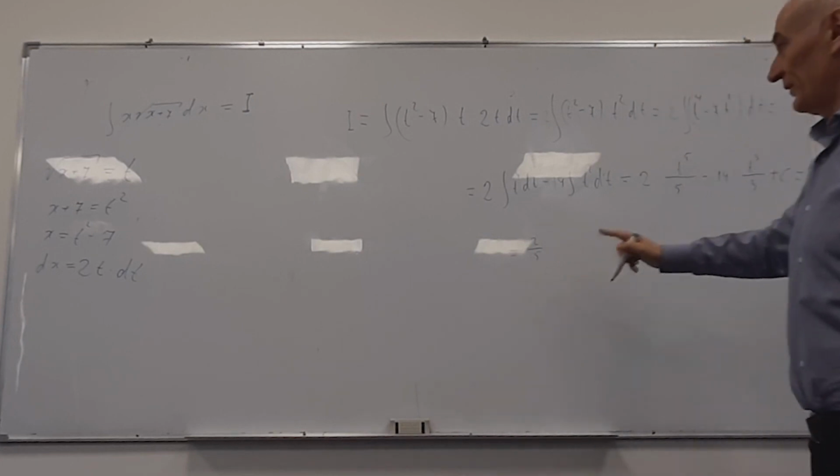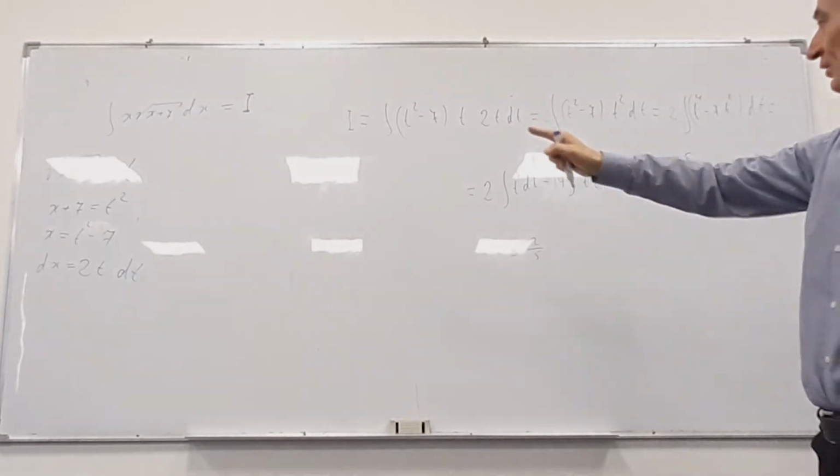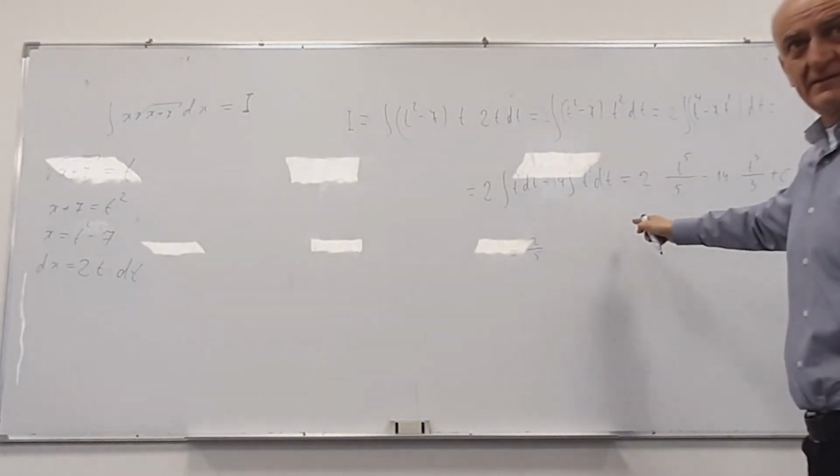So 2 over 5, and now this root x plus 7, to power 5.